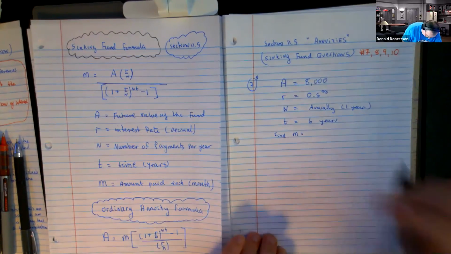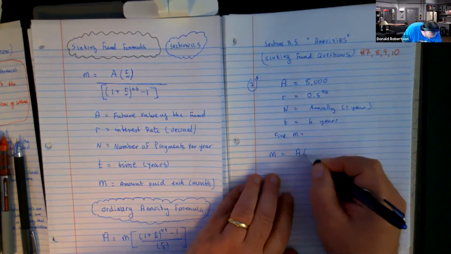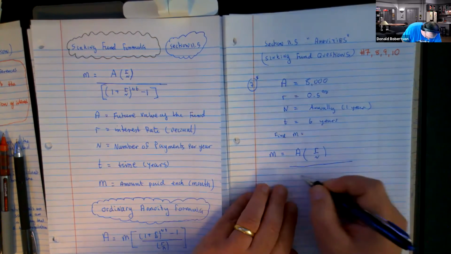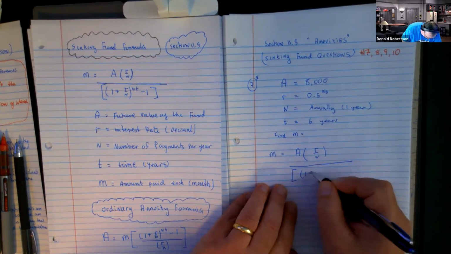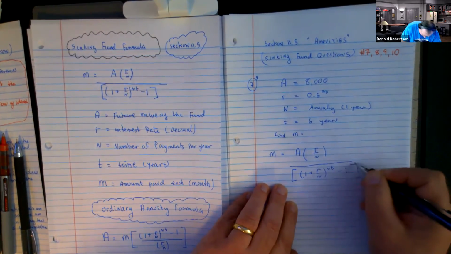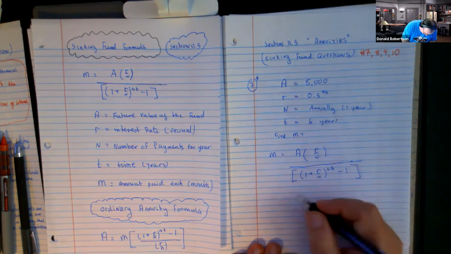Now, the formula that I'm using, I better write down the numbers before I start doing any button pressing. So, M is A brackets R over N, all over this horrible guy. If you know how to do awkward calculations, it's a plug and chug.